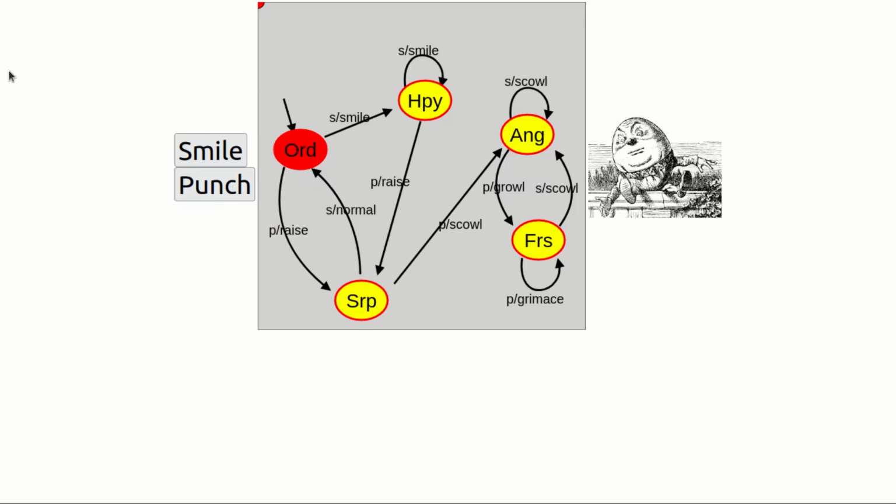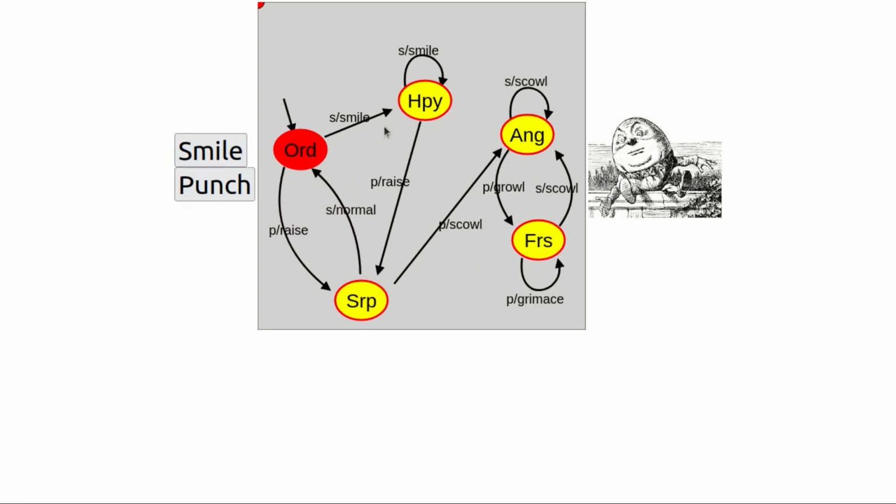Now we shall take a look at the finite automaton that was behind our Humpty Dumpty sophisticated version. Instead of listing all those sets and all those functions, we prefer to present it as a transition diagram, the diagram that you can see here. In the transition diagram, you see certain ovals. These ovals denote the states: ordinary, happy, angry, furious, and surprised.